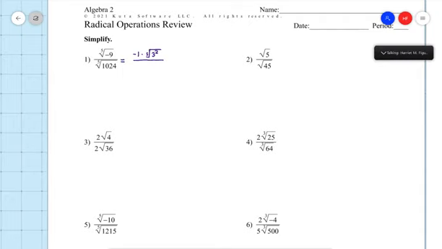And then we'll do the same thing on the bottom with 1024, which is 2 to the 10th power. And then we'll simplify like we normally do, where we take out anything that has a power that matches the index or greater. So the power of 2 does not match the index of 5, so we can't take it out, so we'll leave the top the way that it is.